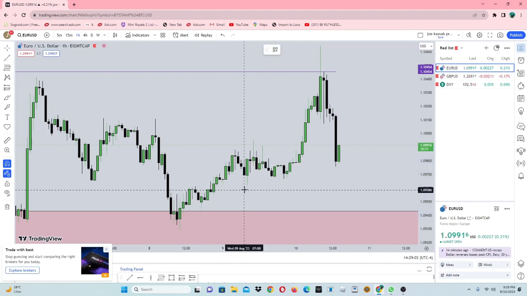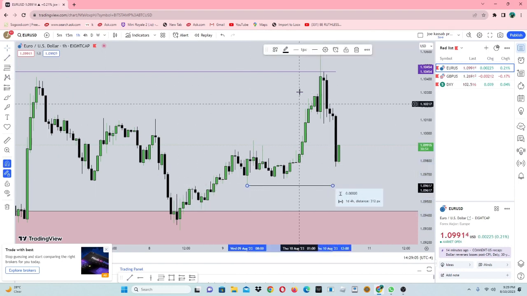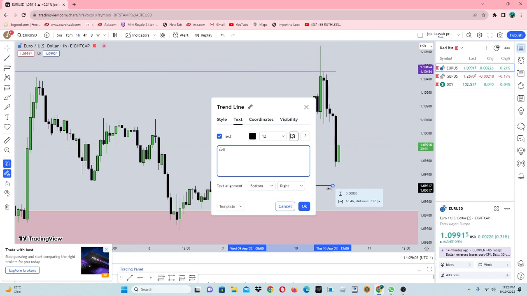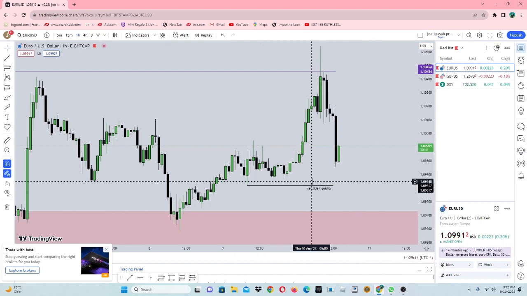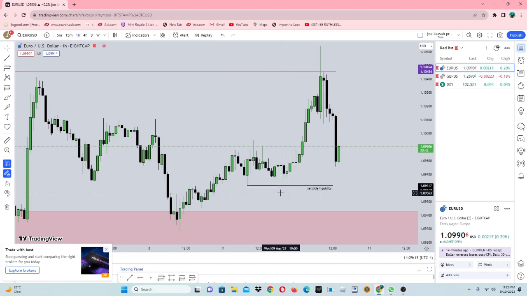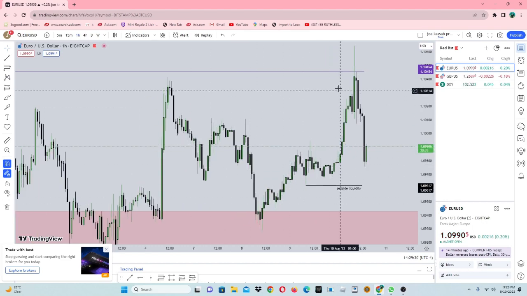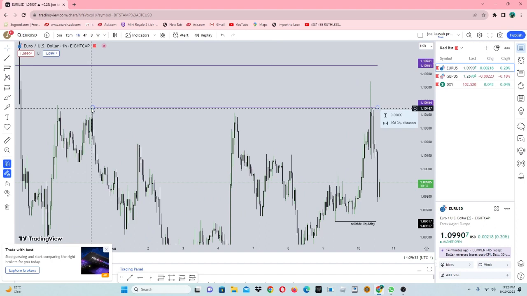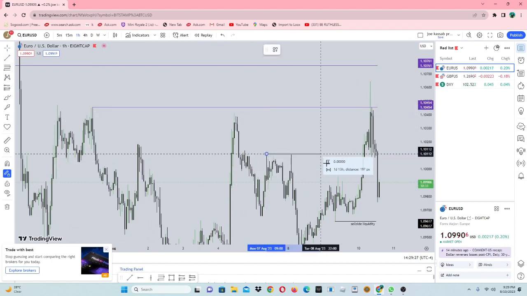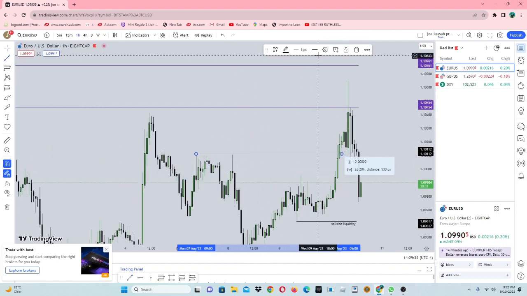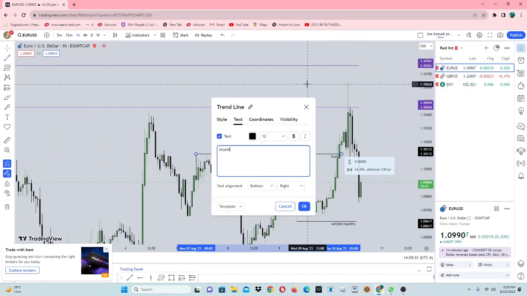What I had right here is a sell side liquidity. So this is a sell side liquidity. What I was anticipating is that price take the sell side liquidity, then push to the high to take these equal highs, the weekly high, plus take these equal highs right here, which is also a buy side liquidity.